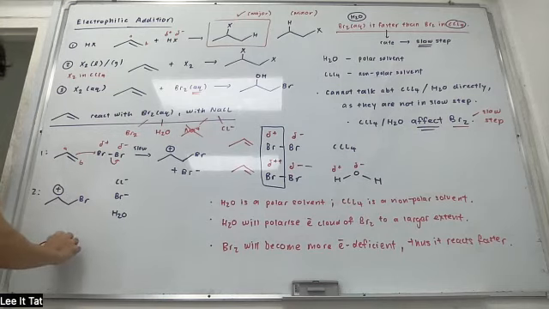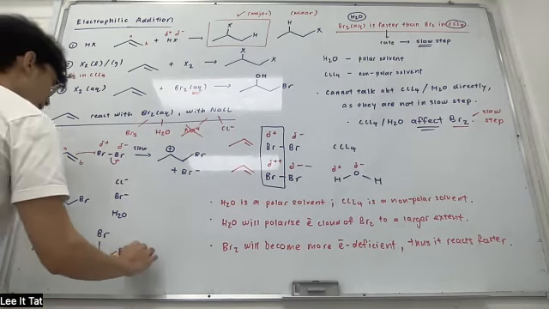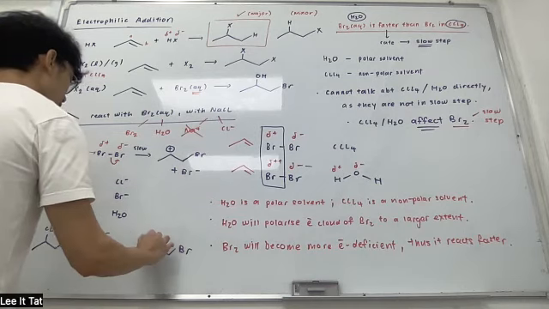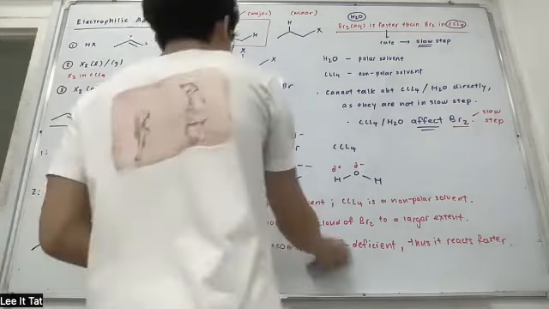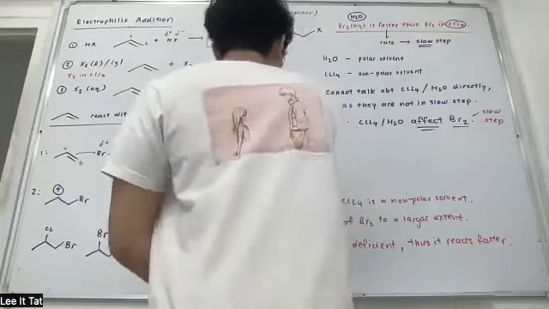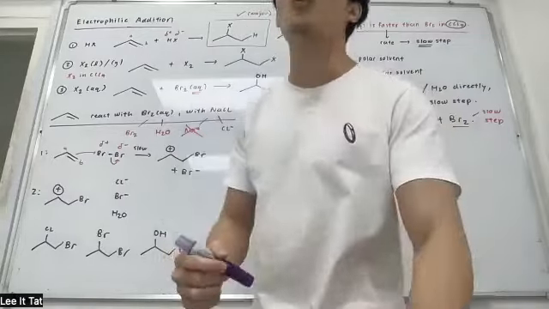We can have Br with Cl, Br with Br, and then Br with OH. Let's just skip all the arrow drawings and see that these are some possible structures. Now I'm going to give you 4 options, and I want you to tell me which one is the odd one out.